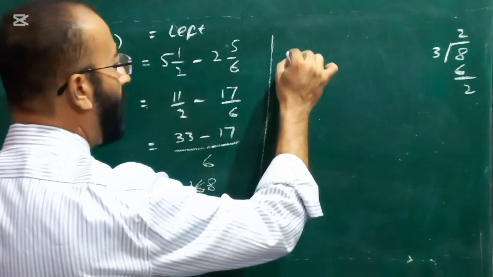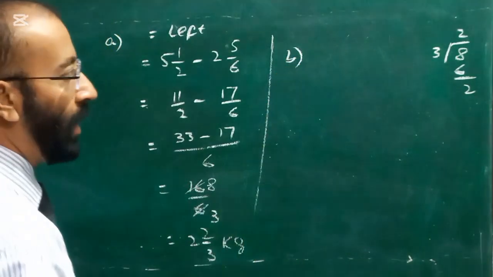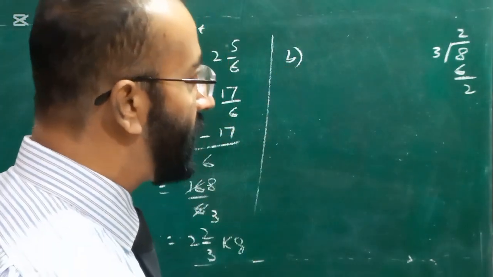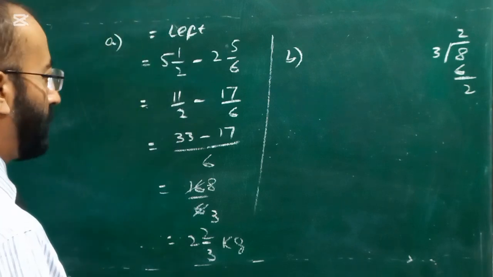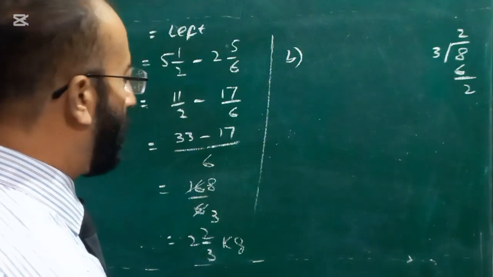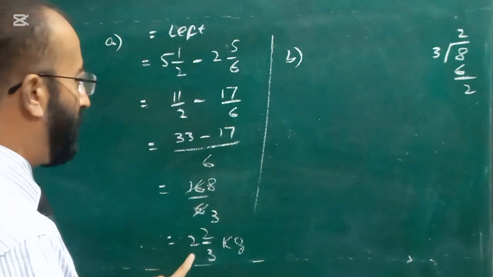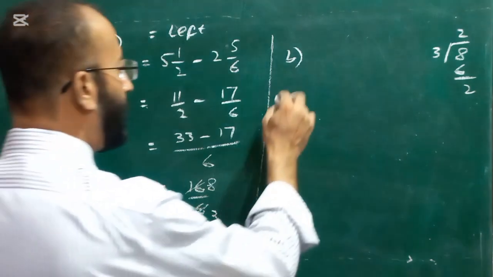So in the second part, it was given that she has bought another 3 whole number 7 by 12 kg. So what will be the total flour now? So it means this left flour plus new flour will be added.